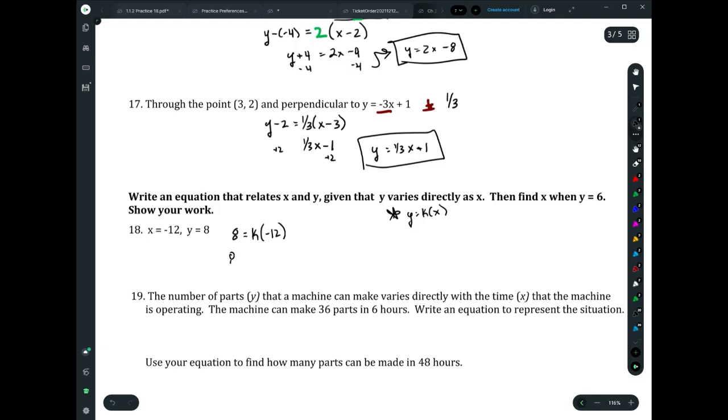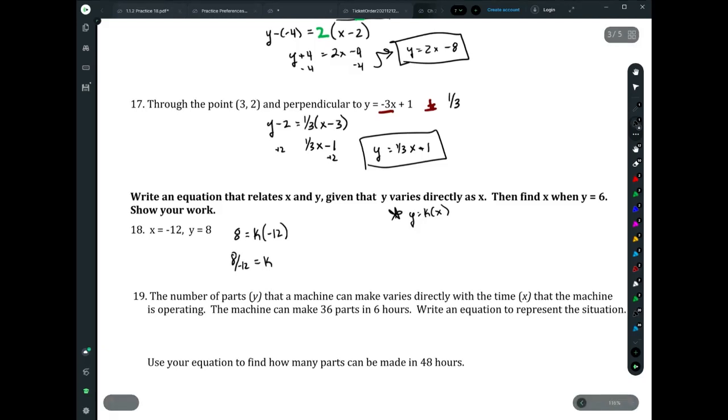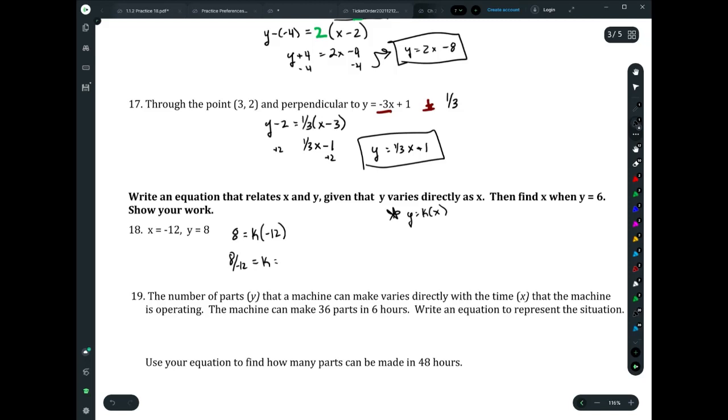So what that means is 8 over -12 is going to be our direct variation constant, and 8 divided by -12 is -2/3. So k equals -2/3. The equation then is y is equal to -2/3 times x. From there, you can evaluate.